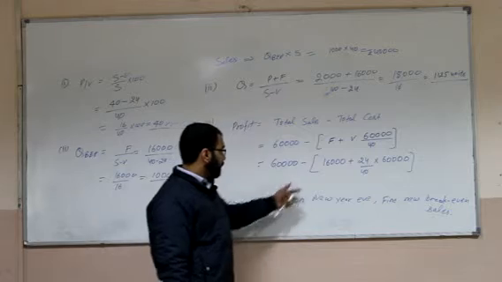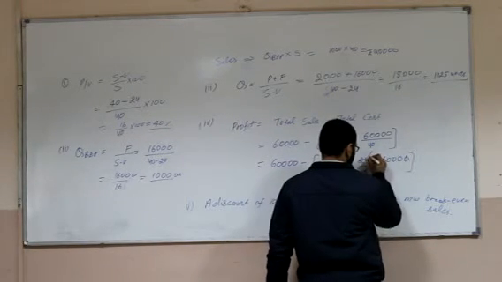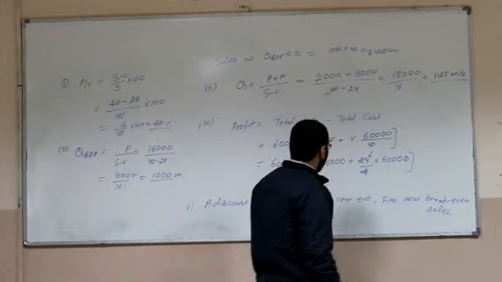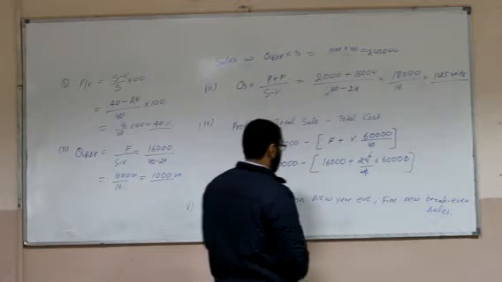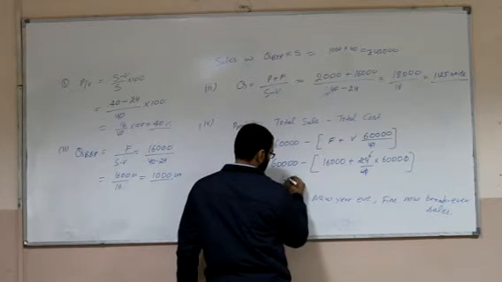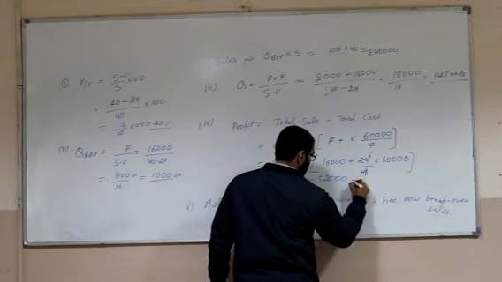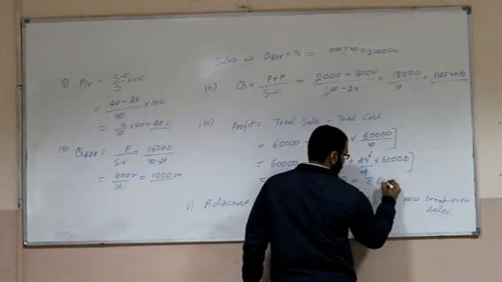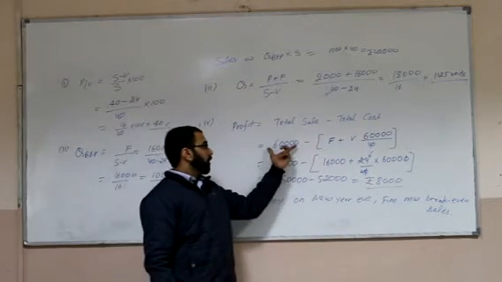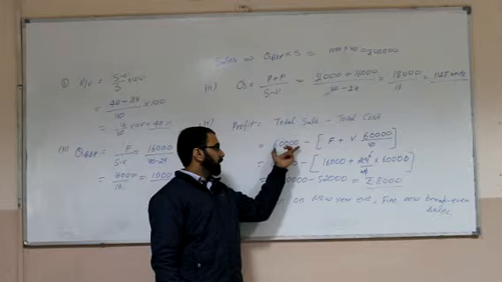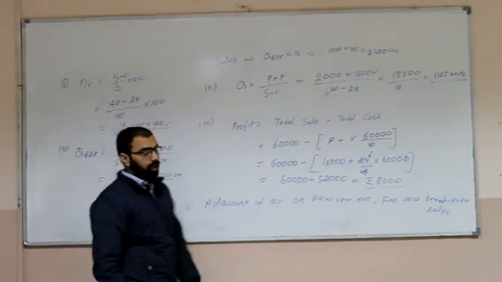So by solving this, we get 24 times 1,500 is 36,000, and 36,000 plus 16,000 turns out to be 52,000. So 60,000 minus 52,000 will be rupees 8,000. So if I sell 60,000 of sales, I will achieve a profit of rupees 8,000.